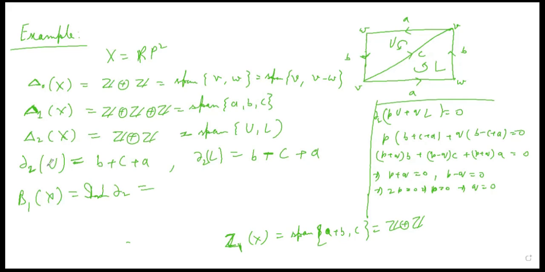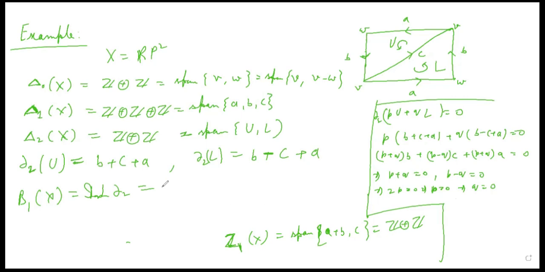So this takes this one to this and this one to this. So from this, if you subtract this from this, we'll get b plus c plus a, minus of this will give us 2c, right? So a plus b plus c.